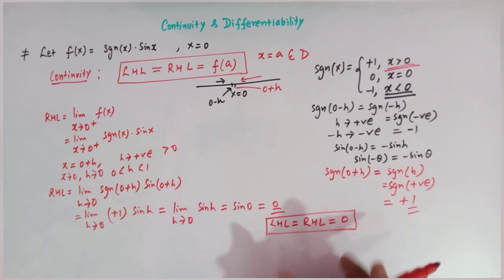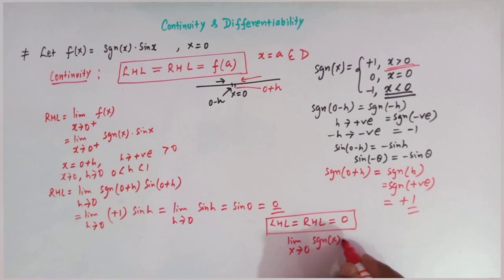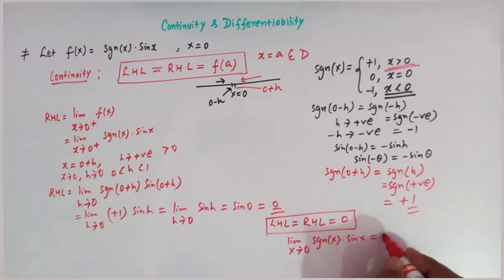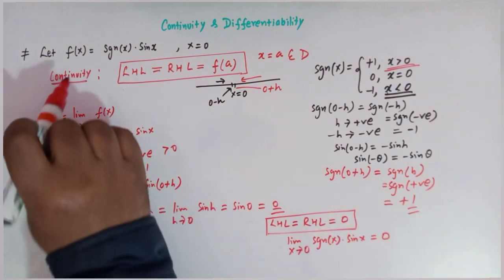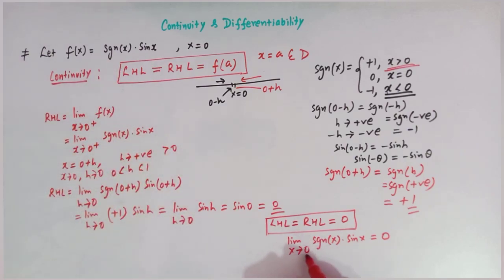And we claim that the limit as x tends to 0 of this function, that is signum of x times sine of x, is equal to 0. So the limit of this function when x approaches 0 exists, right?